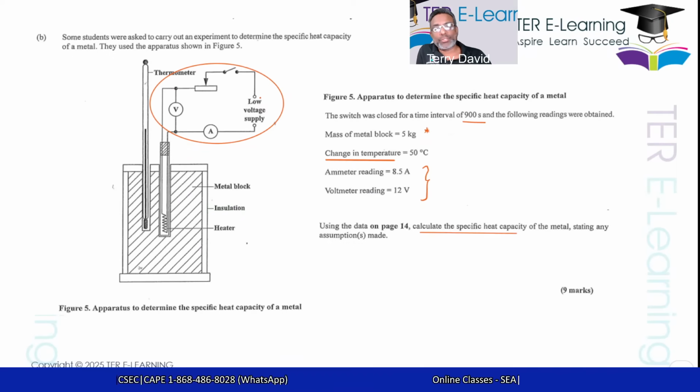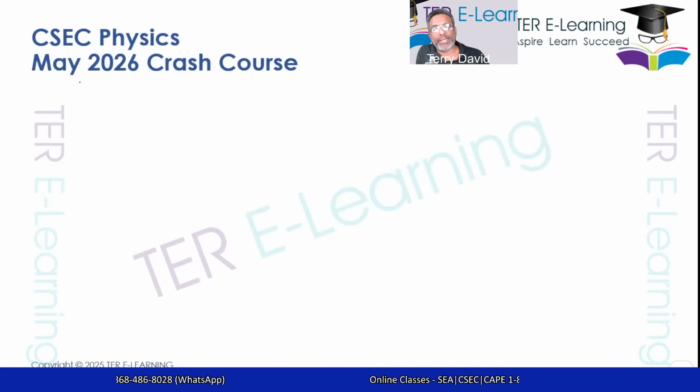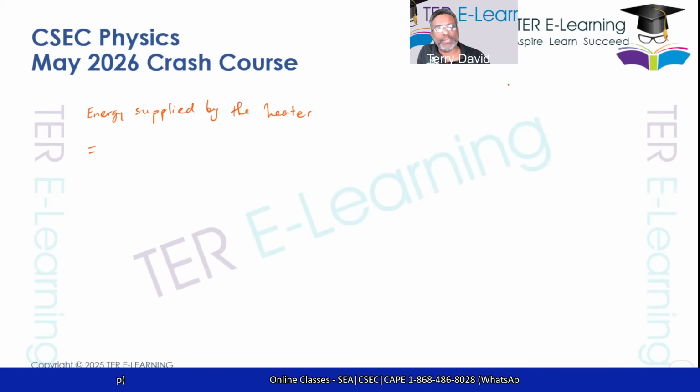So first of all, let's work out how you do a question like this. We can work out the energy supplied by the heater. It's an electric heater, so to work out the energy supplied, first of all, power is energy over time.